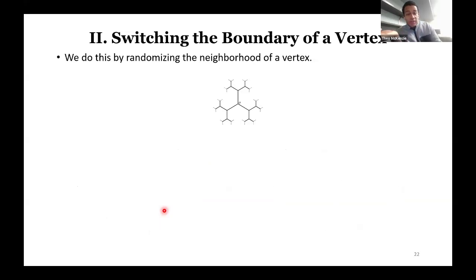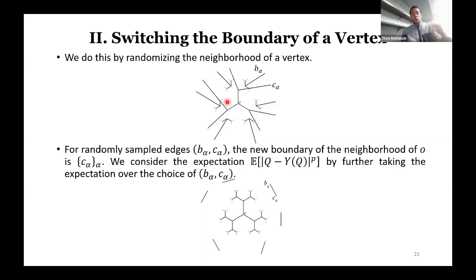So how do we actually utilize this in our proof? We're going to do this by randomizing the neighborhood of a vertex. So I start with some vertex O. I then randomly sample the neighborhood. Or sorry, I randomly sample edges outside of the graph. I then will swap the edges, and what I'm left with is a new random neighborhood of O. So the idea is that I randomly sampled edges away from this vertex, just uniformly random throughout the entire graph, and then I swapped the adjacency.